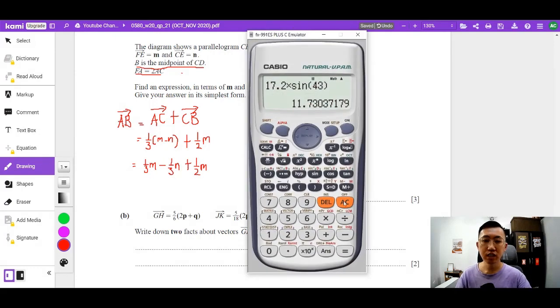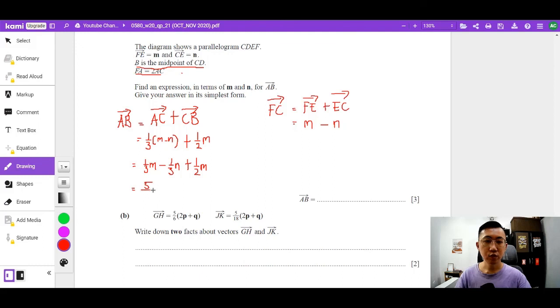So here you use the calculator, 1 over 3 plus 1 over 2, that gives 5 over 6, so that will be 5 over 6m. And then n you cannot simplify, so you just copy 1 over 3n. I checked the marking scheme and it is indeed correct: 5 over 6m minus 1 over 3n. So that's how you do this question A.